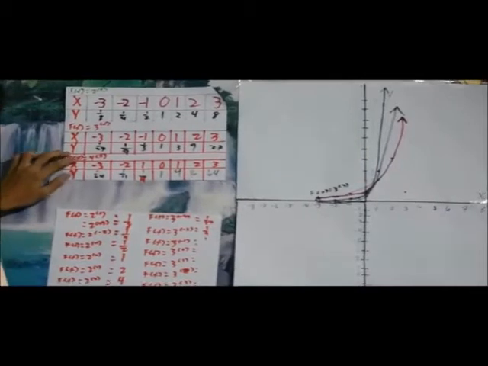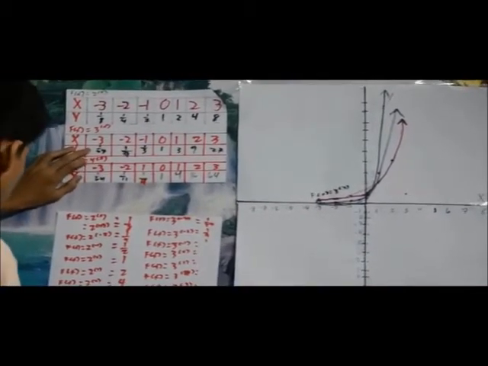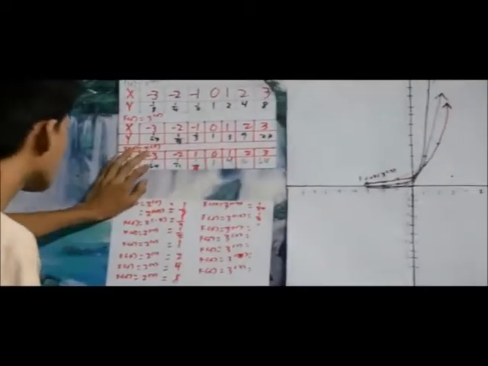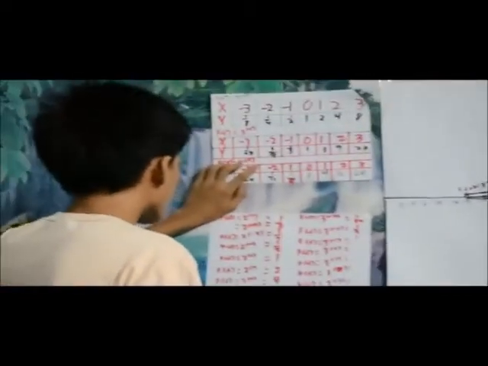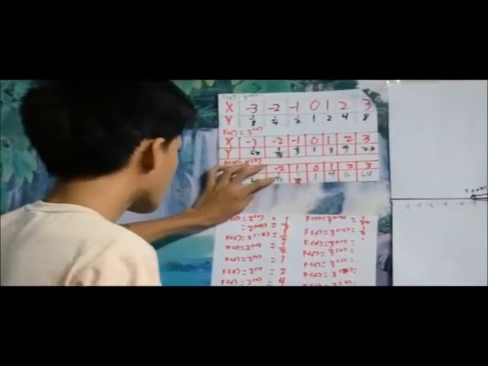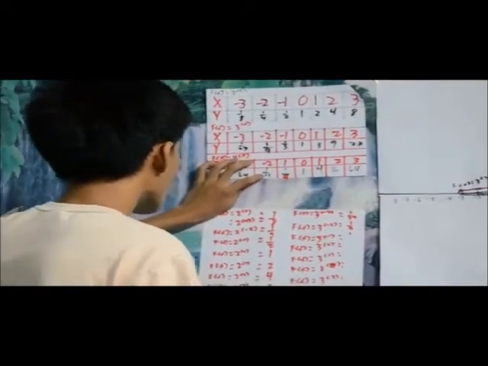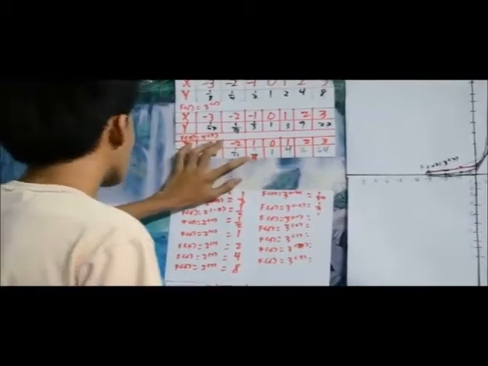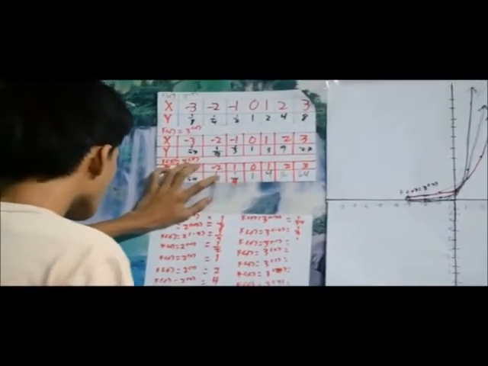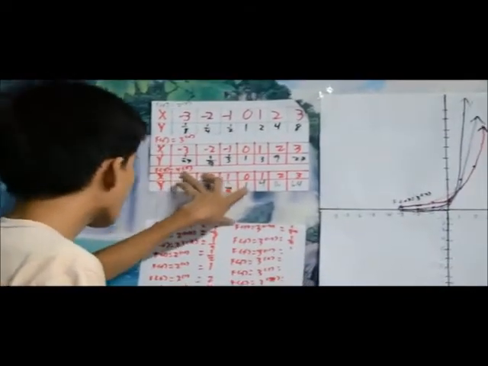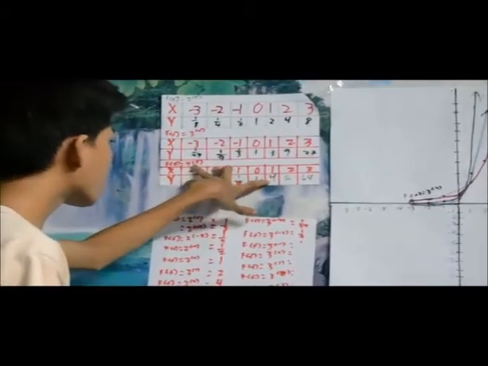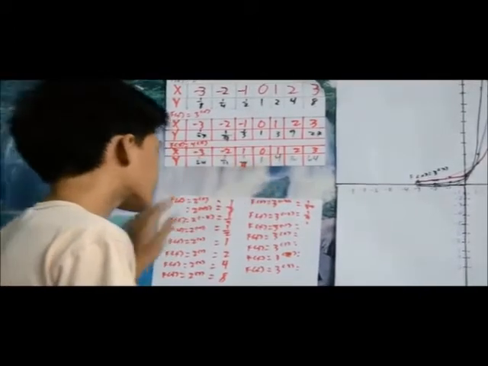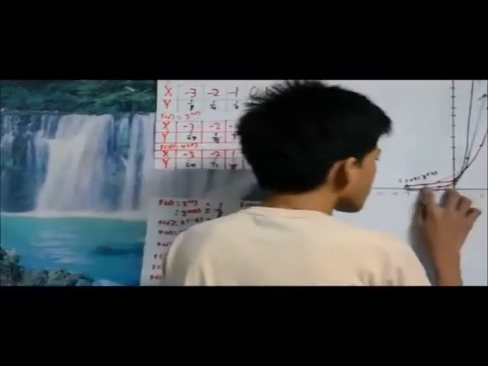So, f of x is equal to 4 raised to negative 3 is equal to 1 over 64. 4 raised to negative 2 is 1/16. 4 raised to negative 1 is 1/4. 4 raised to 0 is 1. 4 raised to 1 is 4. 4 raised to 2 is 16. 4 raised to 3 is 64. The third graph is colored black.